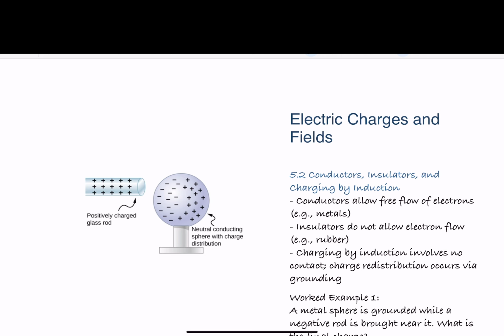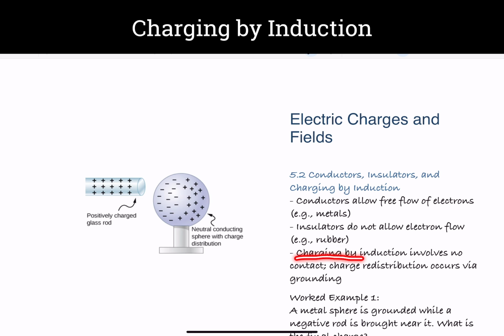Of course, conductors have a lot of free electrons, and metals are the best examples, and that's why they conduct electricity. While insulators, like rubber, wood, and plastic, have fixed electrons, so that means the electrons cannot flow, they are not free. So what is seen here is charging by induction.